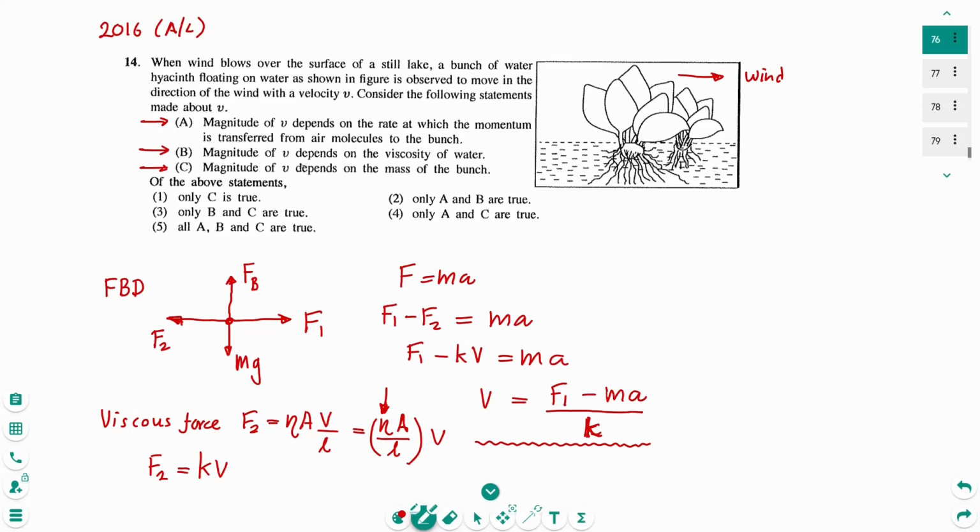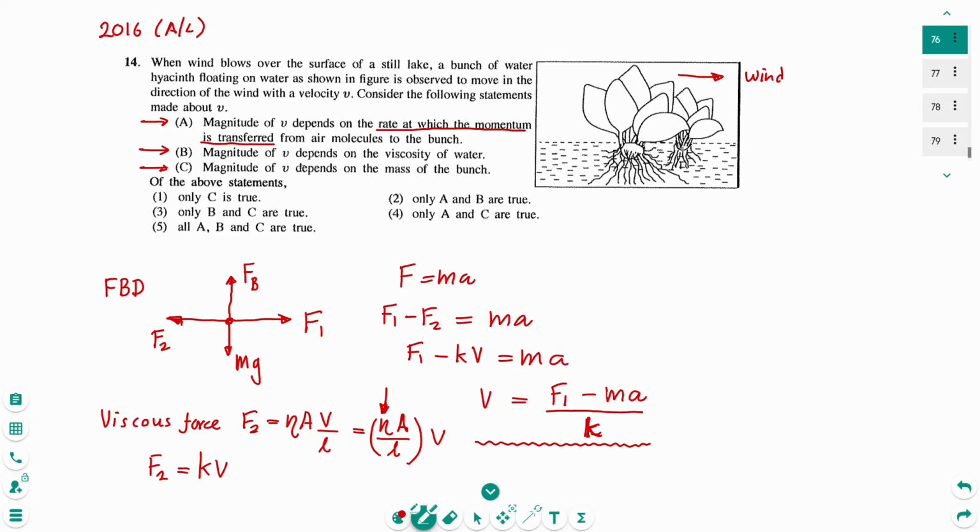First statement: magnitude of V depends on the rate at which the momentum is transferred from the air molecules to the bunch. The rate at which momentum is transferred, in other words the rate of change of linear momentum, that's the definition of force.